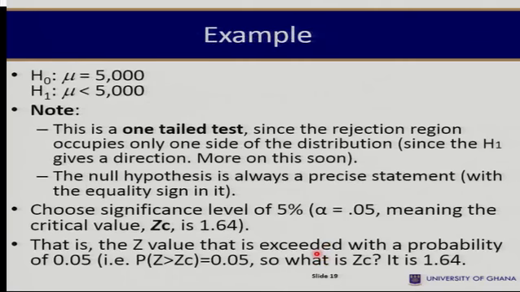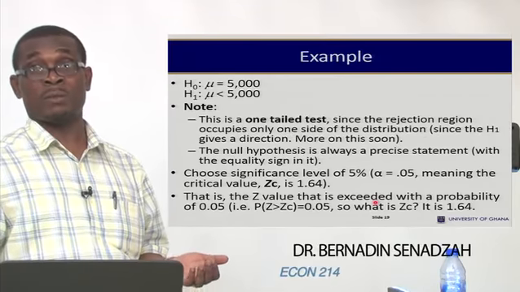Now, to test the hypothesis, we first state the hypothesis. Denoting the mean hours by mu, the null says that the mean is equal to 5,000, but the alternative is saying that the mean is less than 5,000. Why did we state the alternative as less than 5,000? You see, we wouldn't worry if the mean actually exceeded 5,000.